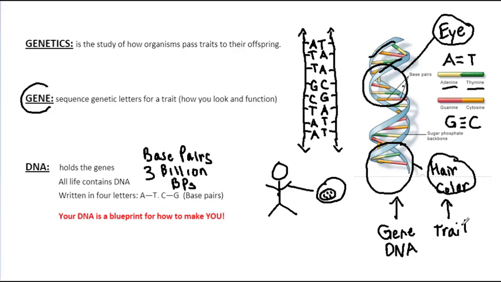Physically can be seen. So traits are the way you look and function. Traits. And genes are the letters. Genes give you your traits. This is going to come up again later as we start talking more in depth about genetics.